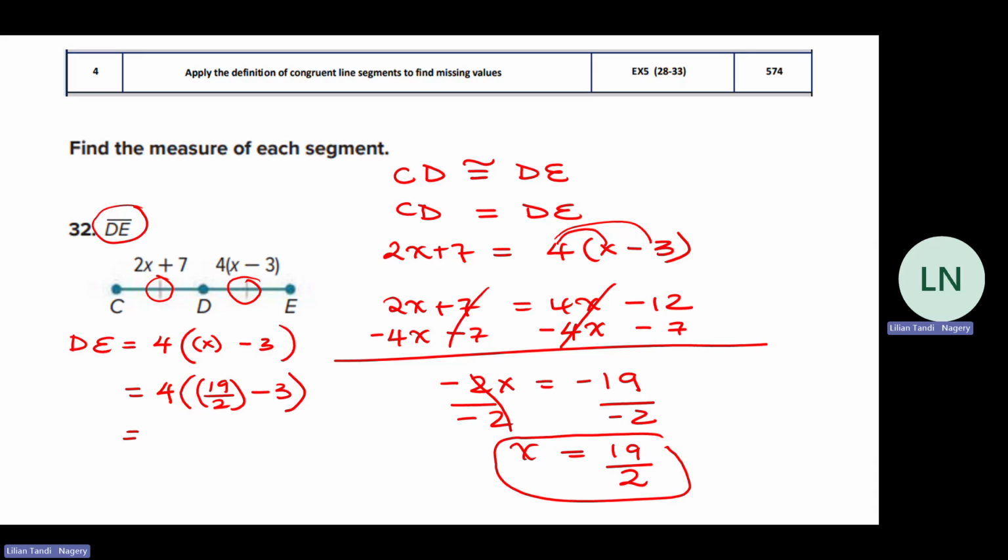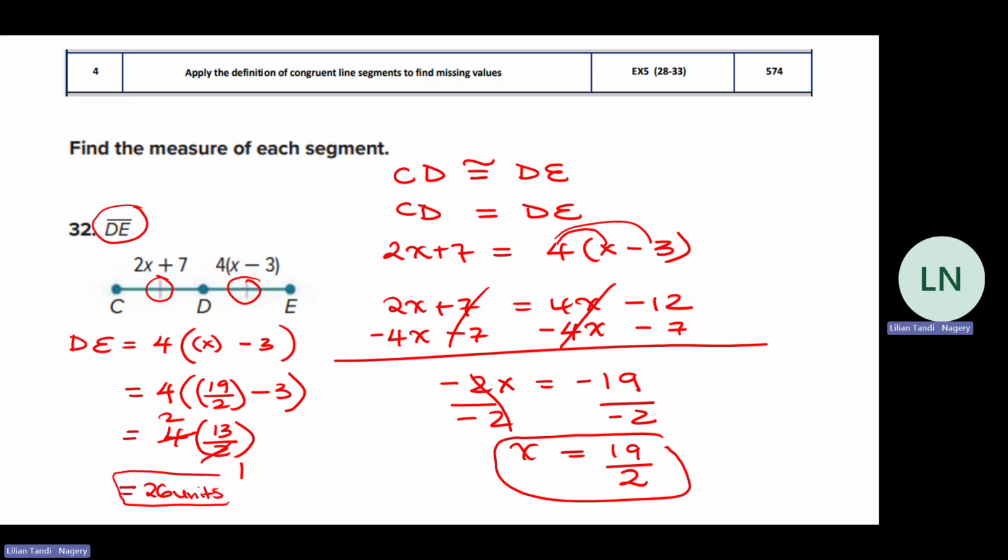So 19 divided by 2 minus 3 becomes 13 over 2. So this becomes 4 times 13 over 2. 2 goes into 4 two times, 2 goes into 2 one time, and this gives you 26 as your answer. There's no unit, so you just write 26 units. Actually, you're supposed to write it below.